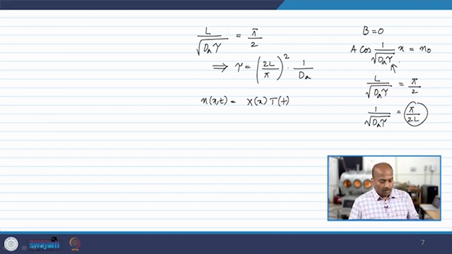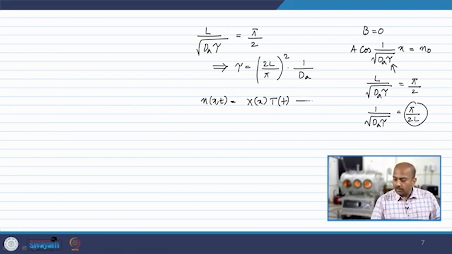Okay. Now, coming back, this is the original solution that we had. So, n of x t is equal to X of x into T of t. So, X of x at the middle is simply equal to the maximum density, let us say, n naught e to the power of minus t by tau.